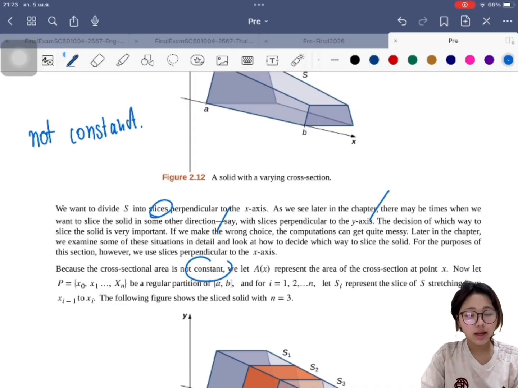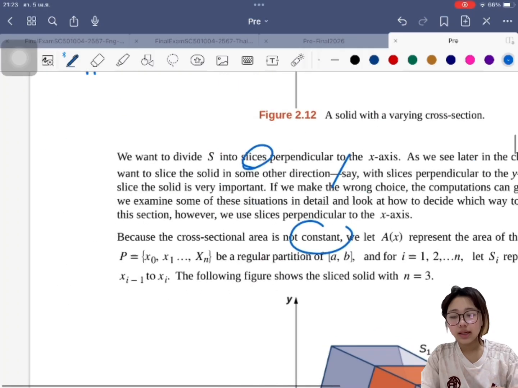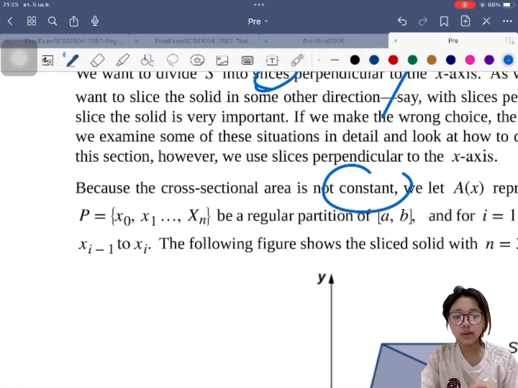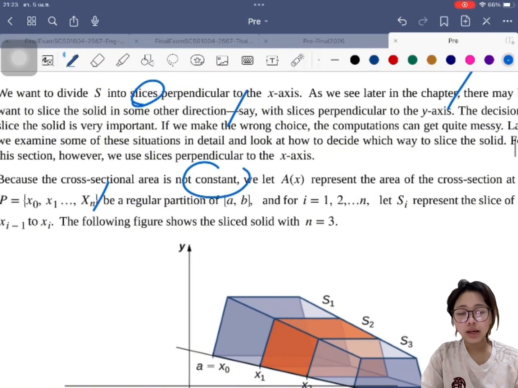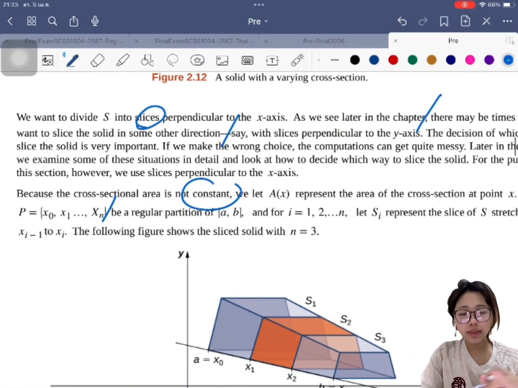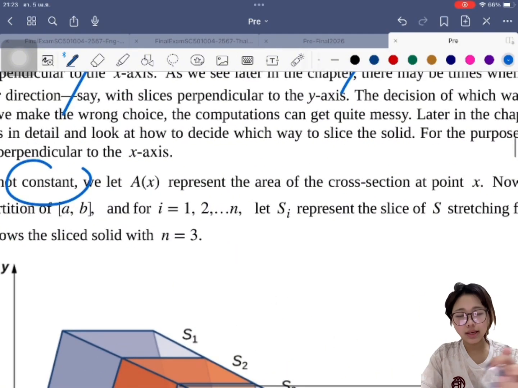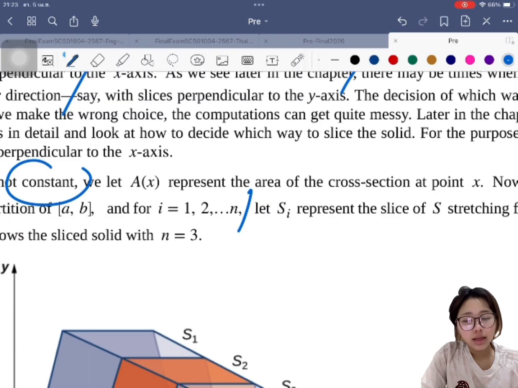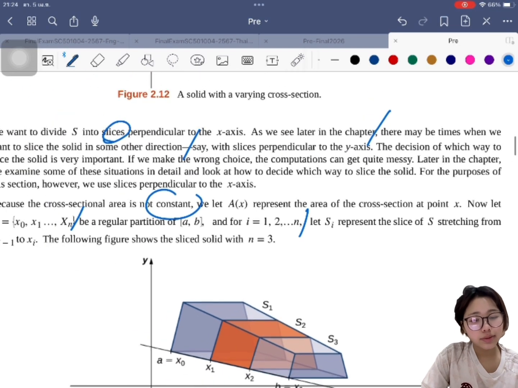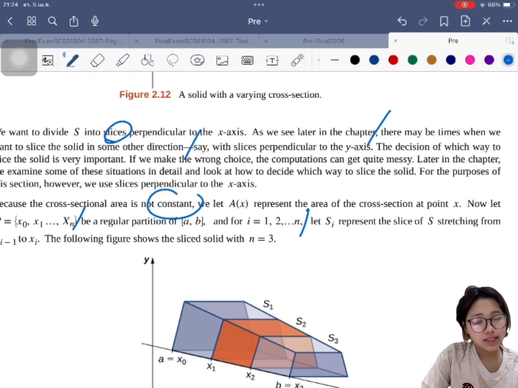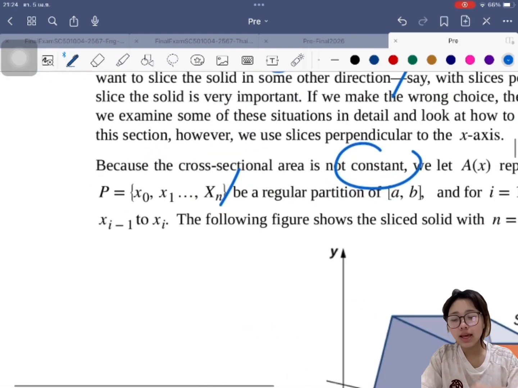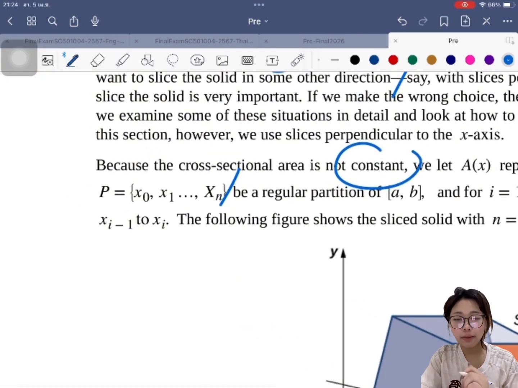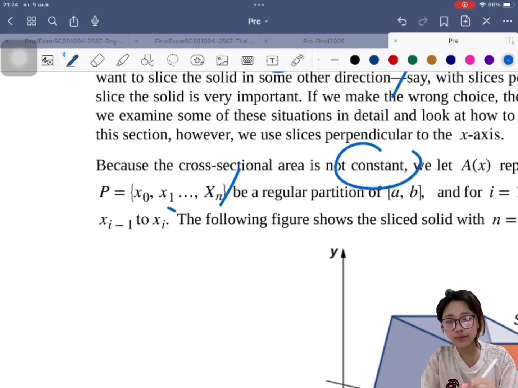Replace the area of the cross-section as pi x squared. Now let P equal x0, x1 to xn, a partition of the interval a to b, and for i from 1 to n, this is repeated for the slice extending from x(i-1) to xi.